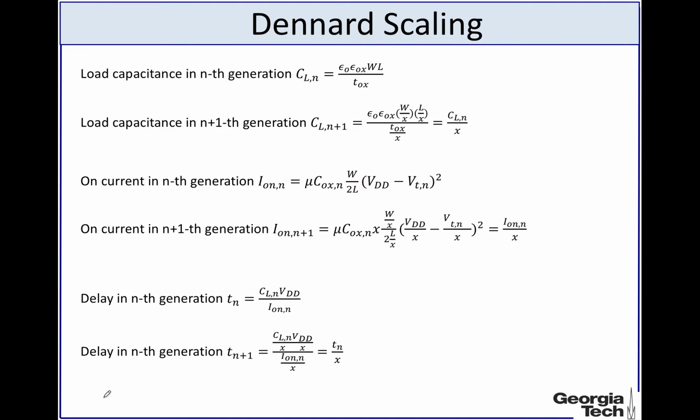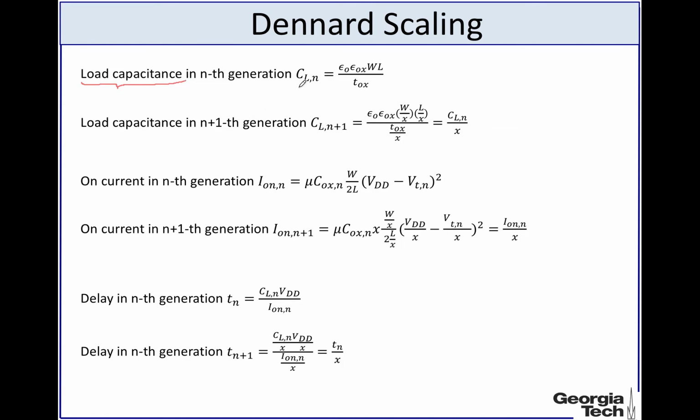Alright, so now let's look at how scaling affects different parameters of the logic gates as well as the devices. The first thing that we'll look into is the load capacitance. Load capacitance is something that we talked about when we talked about delay in an inverter and the power dissipation in an inverter, or in general in any logic gate.